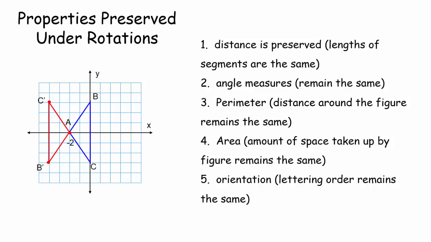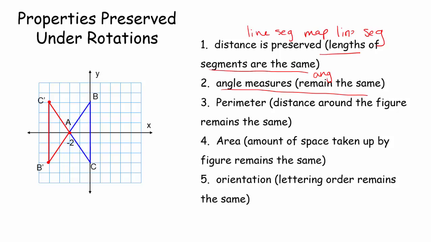What are the properties that are preserved under rotations? Well, guess what? They never change from the last videos that we've shown you. The distance or the lengths of the segments are still going to be the same. So line segments will still map to line segments. Nothing has changed. Also, our angle measures will remain the same.